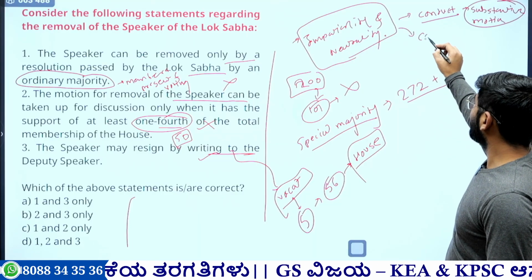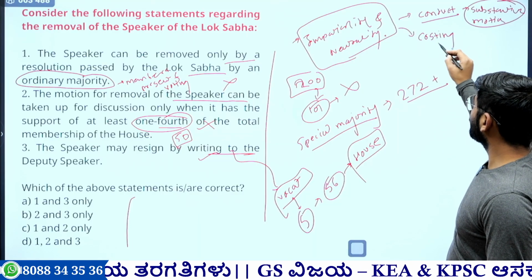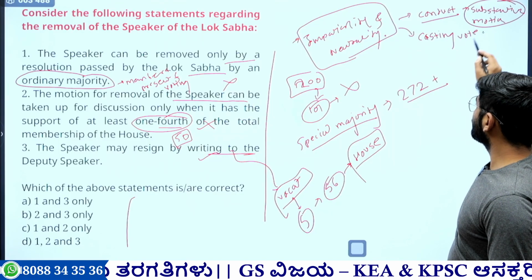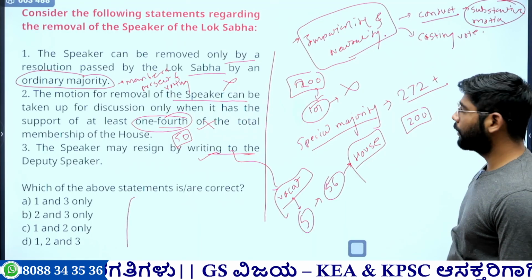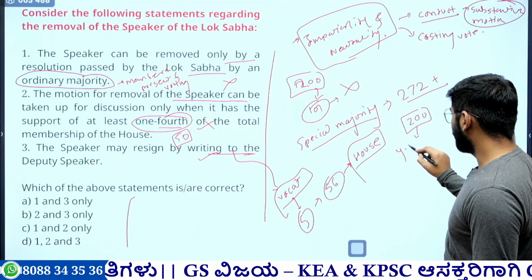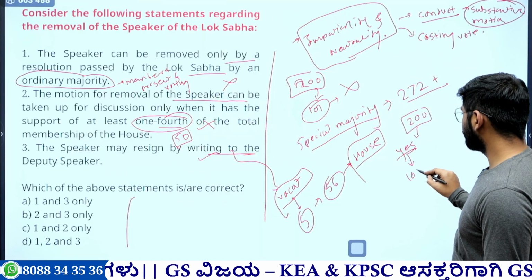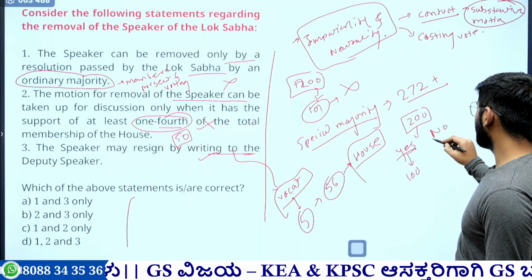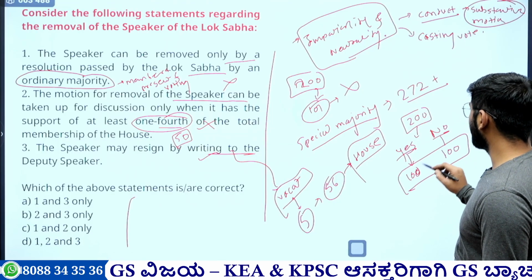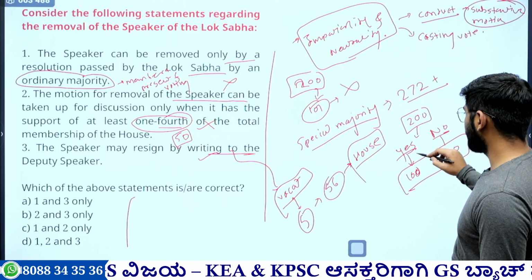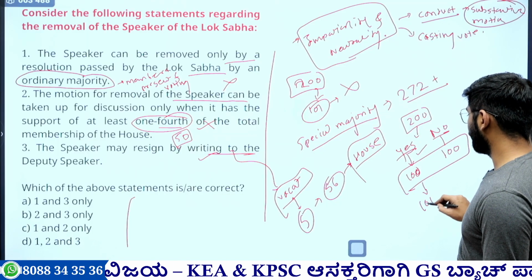Then he can exercise only a casting vote. Suppose 200 members are present and you have to pass one bill. 100 members say yes and 100 members say no. This is a tie situation, so now the Speaker will cast his vote. If he says yes, it becomes 101 and the bill will pass.